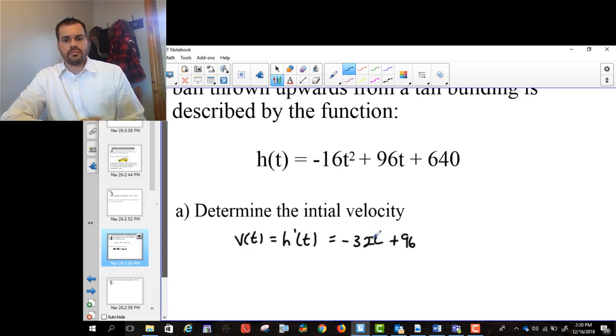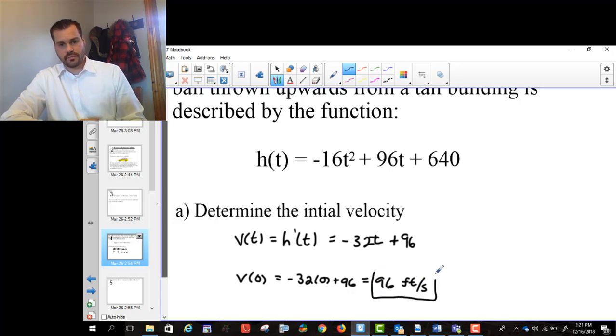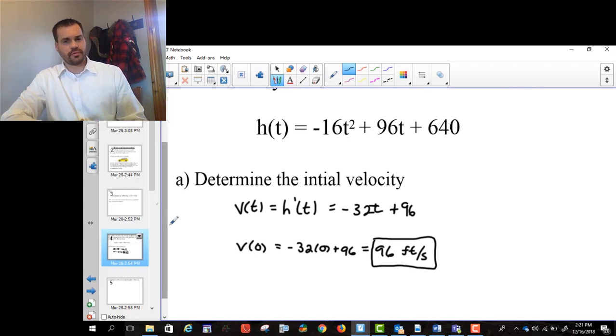And what we want as the initial velocity is when the time is 0. So we go minus 32 multiplied by 0 plus 96, and that gives me 96, and it is in the unit of feet per second. So that's the initial velocity. Okay? So it's a pretty simple derivative, and most of them are because they're just polynomial functions, quadratic functions, but it's a nice little application of it.